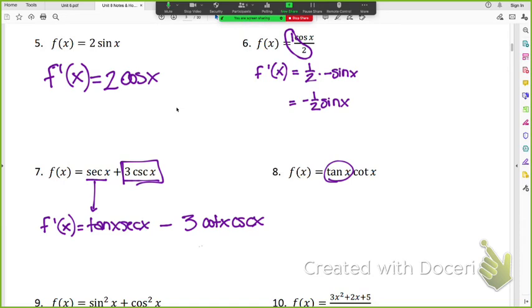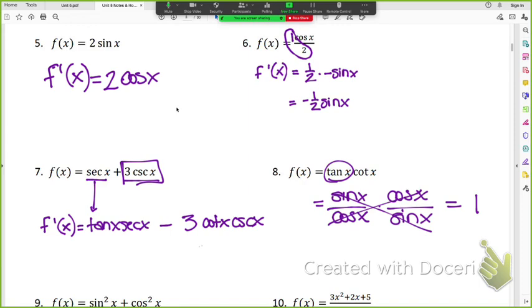So we can represent tangent as sine over cosine. Cotangent we could represent as the reciprocal of that, which means what? Cosine over sine. What does that mean I can do with these fractions? What does this simplify to? What happens to the cosines and the sines? Cancel. Which means what does this simplify to? 1.